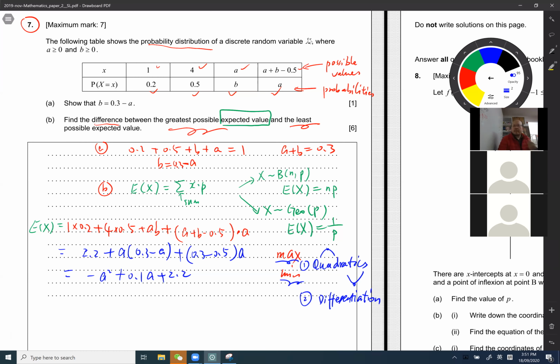Now, try to find the maximum and tell me the value. Work out the maximum.